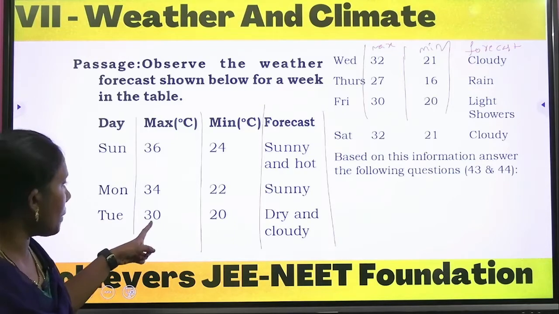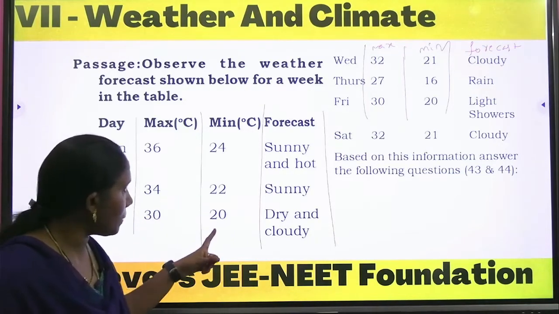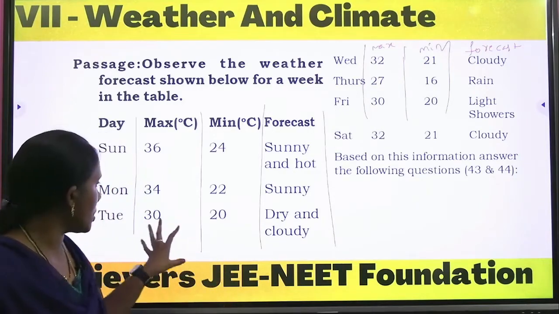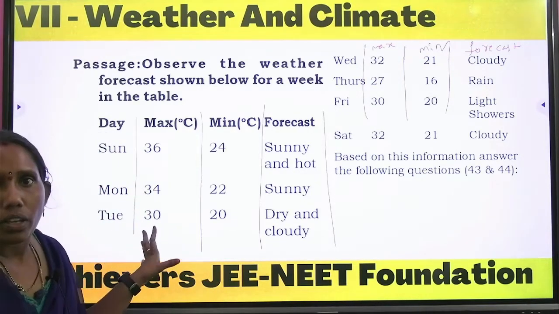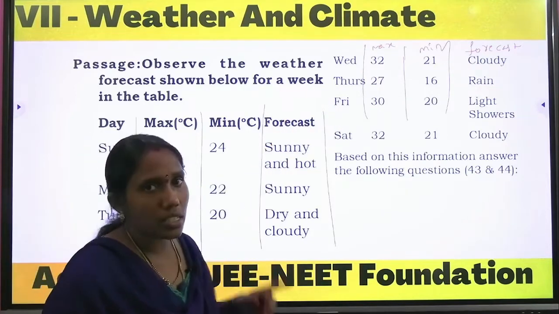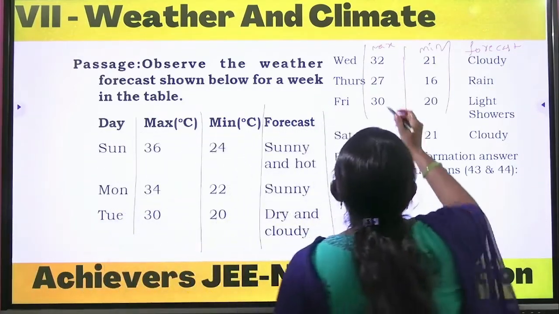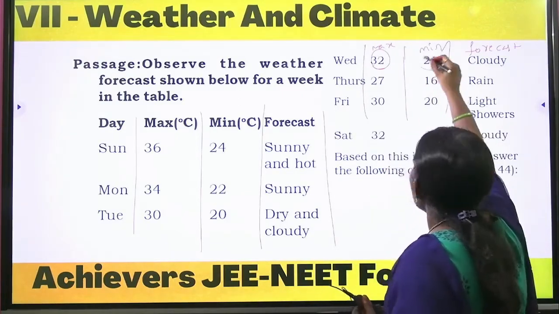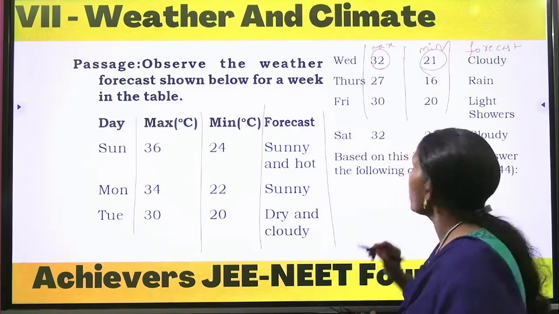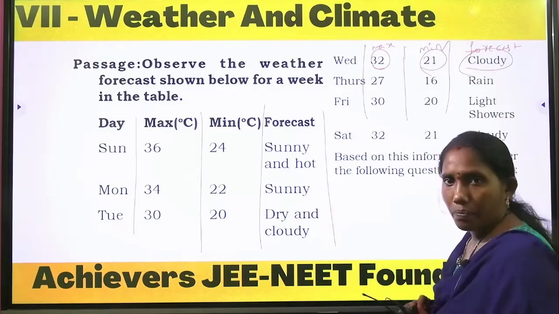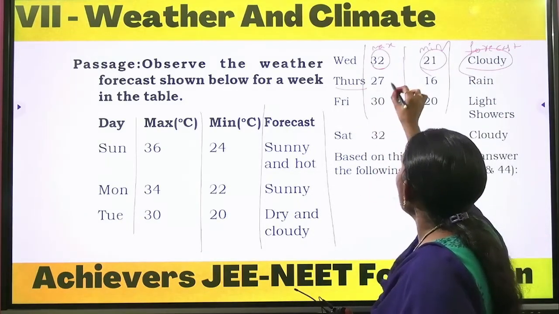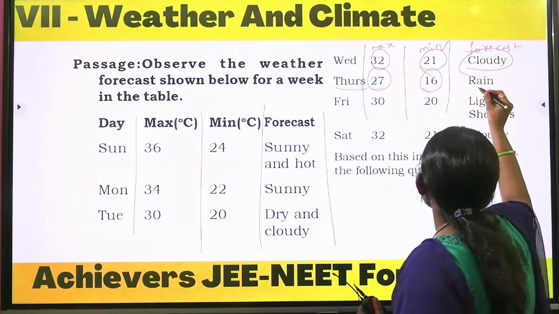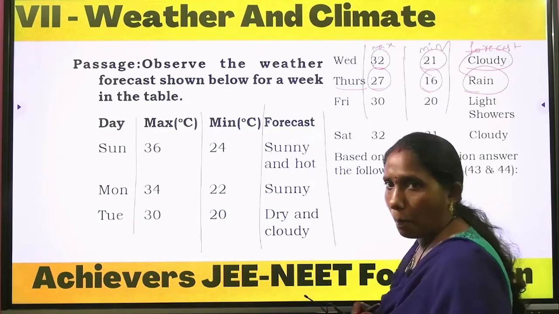Tuesday maximum temperature 30, minimum temperature 20, forecast is dry and cloudy, because temperature is decreasing here. Comes to the next one, Wednesday. On Wednesday the maximum temperature recorded is 32 and minimum temperature recorded is 21, and that is cloudy day. Thursday maximum 27, minimum 16 degrees Celsius, and that is rainy day.